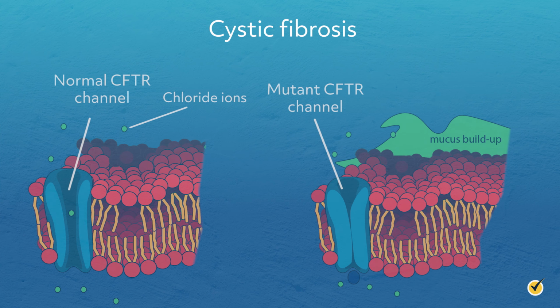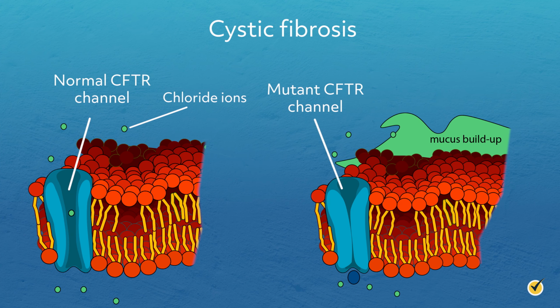So, how do mutations actually cause disease? A good way to see this is by looking at cystic fibrosis. Cystic fibrosis is a disease where the affected person has trouble breathing, a lot of lung infections, and the lungs have an abnormal amount of mucus buildup. This occurs when the cystic fibrosis transmembrane regulator protein, or CFTR, is missing an amino acid or some other change affects the conformation site of chloride channels.